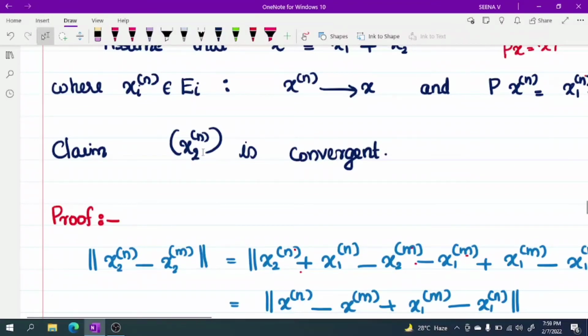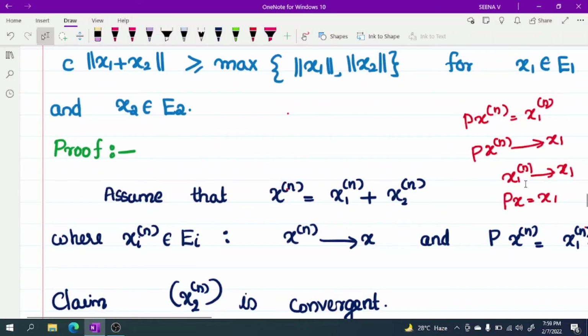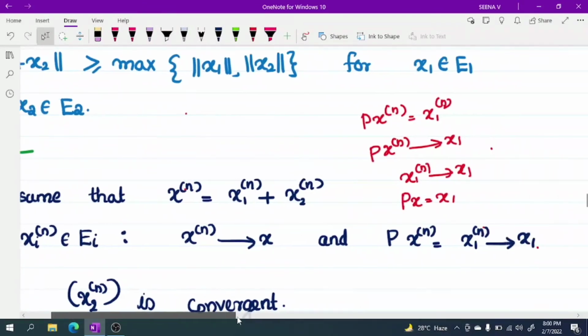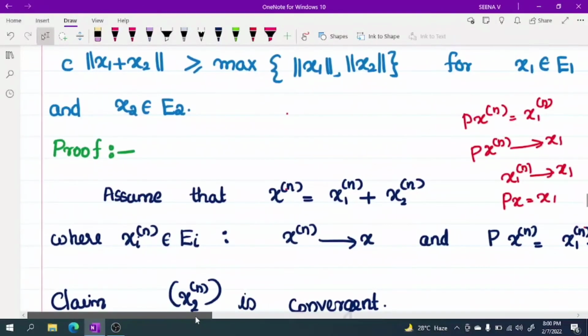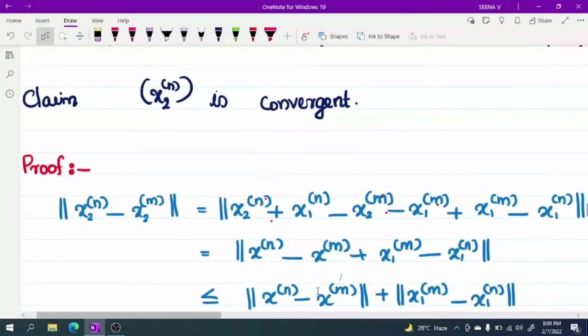Okay, so first we are going to prove x2n is convergent. Here x1n converges to x1 and xn converges to x. So the norm of x2n minus x2m is equal to the norm of, we are adding x1n and subtracting x1n, then adding x1m and subtracting x1m, and rearranging in the order.